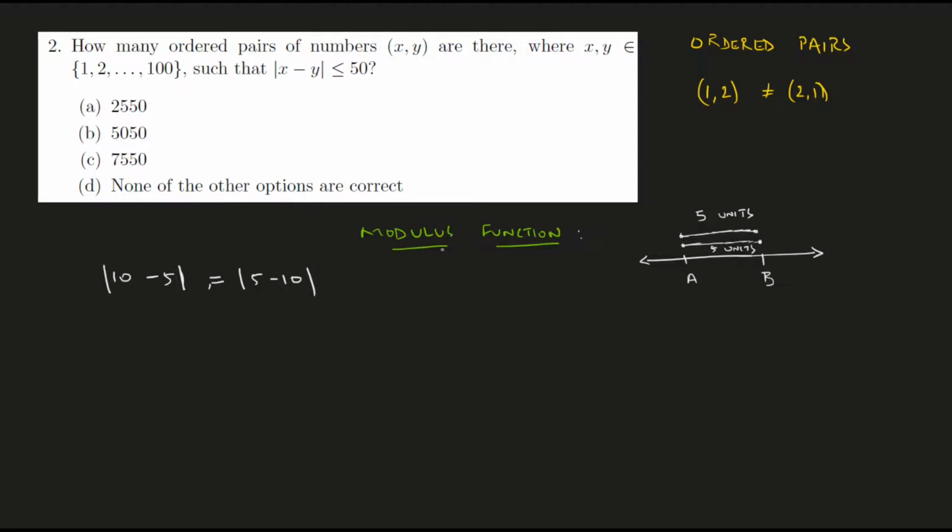So anytime you see the modulus function, you should imagine the distance between two numbers. Sometimes you might get something like the modulus of minus 10. What it really means is the distance of the point minus 10 from 0. So the modulus of minus 10 is just 10, because the distance between 0 and minus 10 is 10.